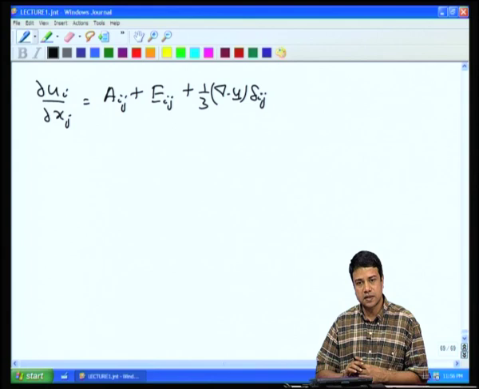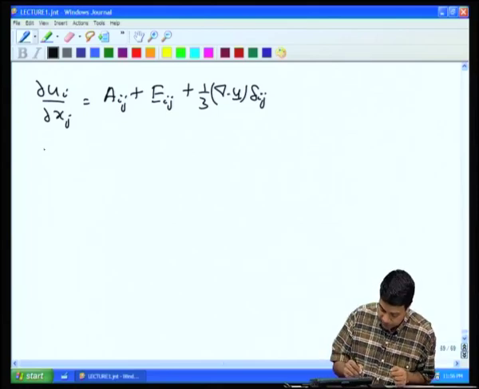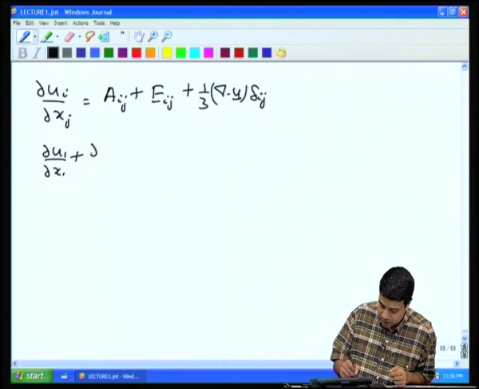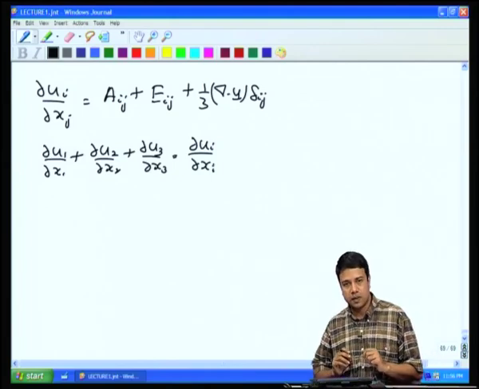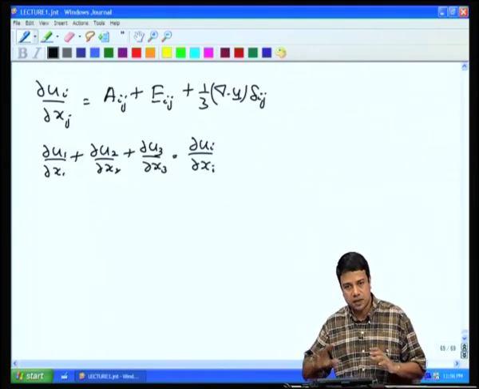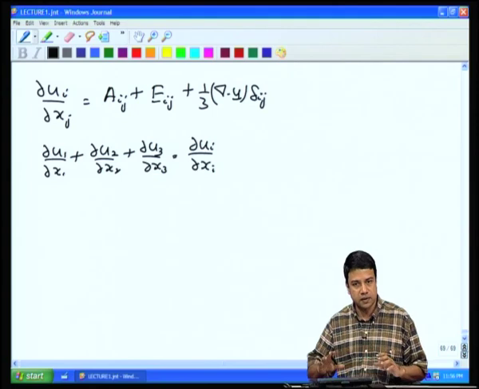The trace of this tensor is the sum of the diagonal elements: partial u1 by partial x1 plus partial u2 by partial x2 plus partial u3 by partial x3. This is equal to partial ui by partial xi, one repeated index summed over i equal to 1 to 3, no unit vectors. So, that is the trace.